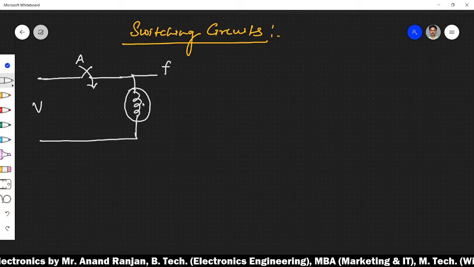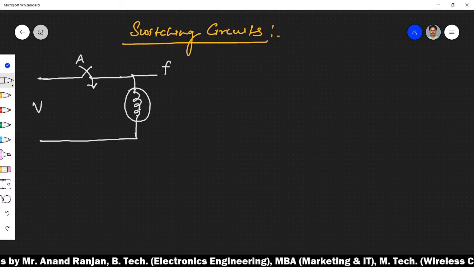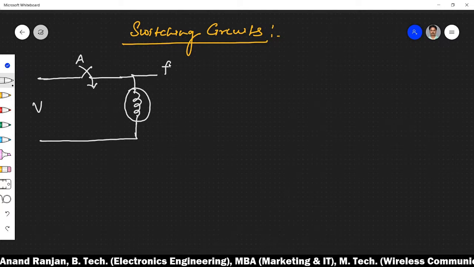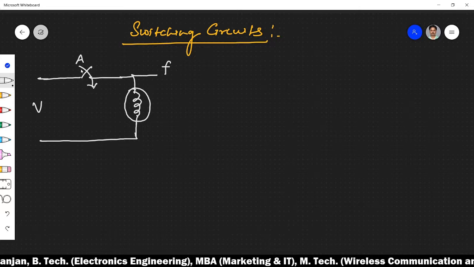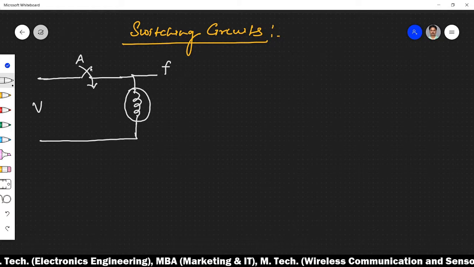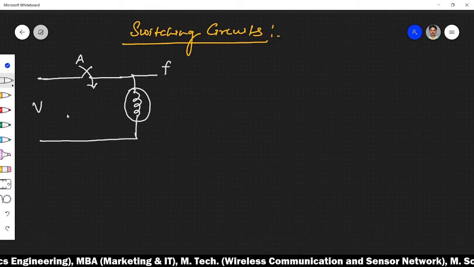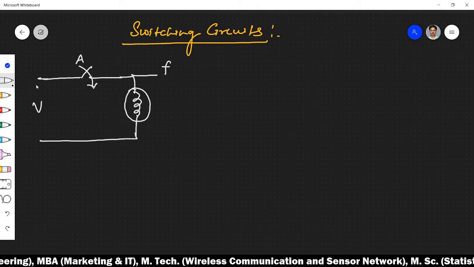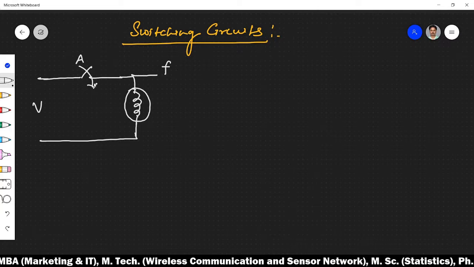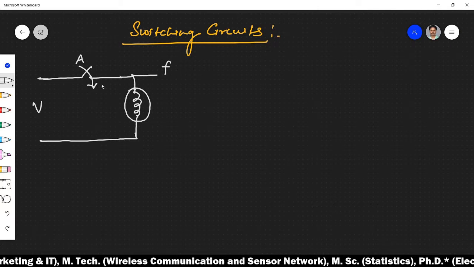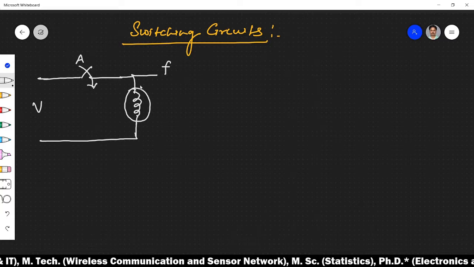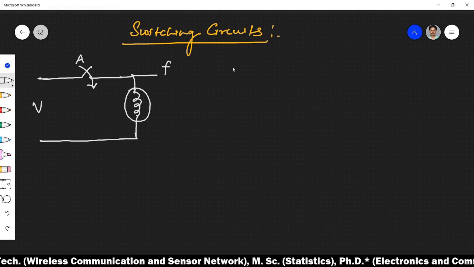So the glow of this bulb and its operation, reflected by the function f, will depend upon the switch A, whether the switch A is open or closed. And of course, when the switch is closed, then this bulb will glow, and when the switch is open, then it does not glow.